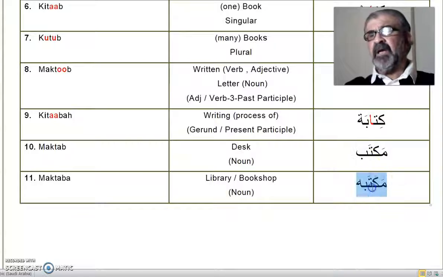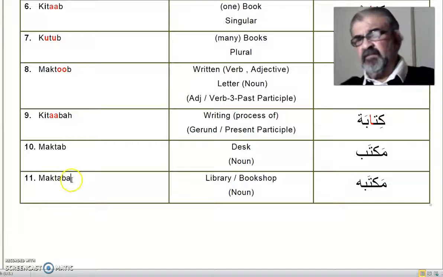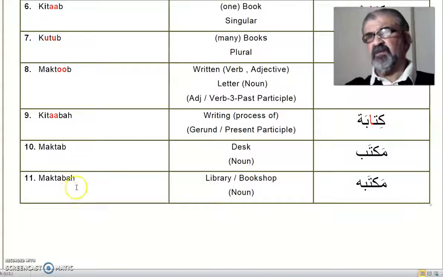Finally مكتب. I should add maybe a slight H at the end.